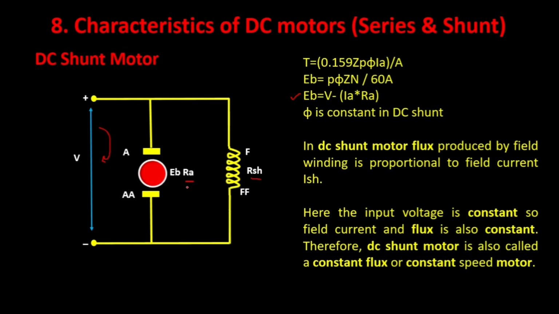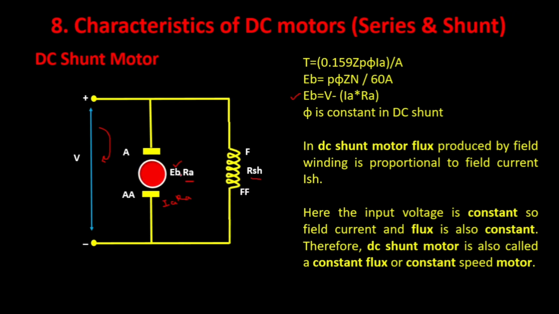So if I consider the drop, what would be the drop across this circuit? The drop would be Ia into Ra. So this particular drop you will find in the circuit. Nothing else. Correct? And again you have this back EMF also. So what is the formula then?